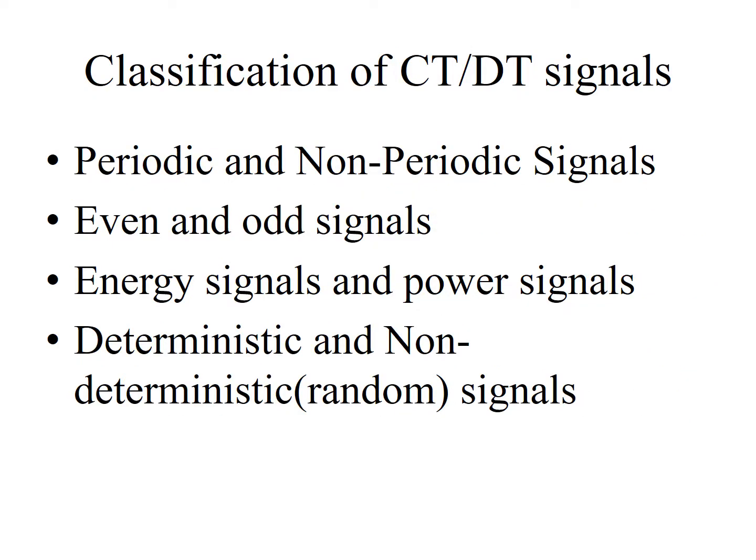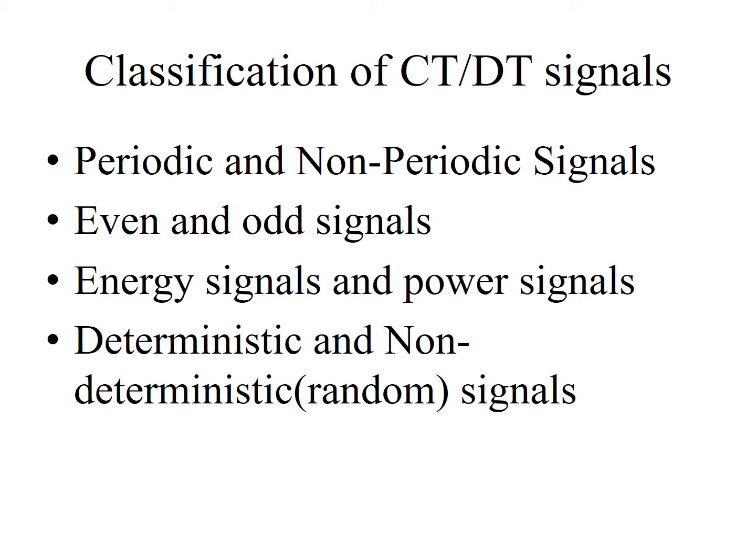Now, the classification of continuous time and discrete time signals based on their nature: periodic and non-periodic signals, even and odd signals, energy and power signals, deterministic and non-deterministic signals, which are also called random signals. The first 3 points are very important for the theory examination as well as for the online examination.